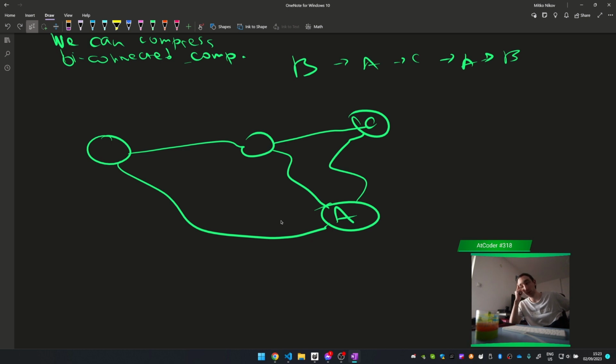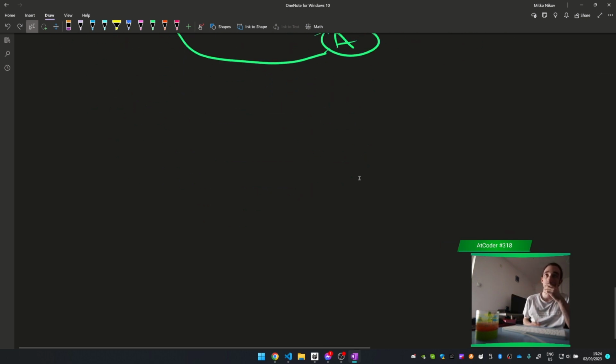Is it provable that one of these paths will be the shortest path? Can this actually be provable? So can you prove that? So, is it provable?